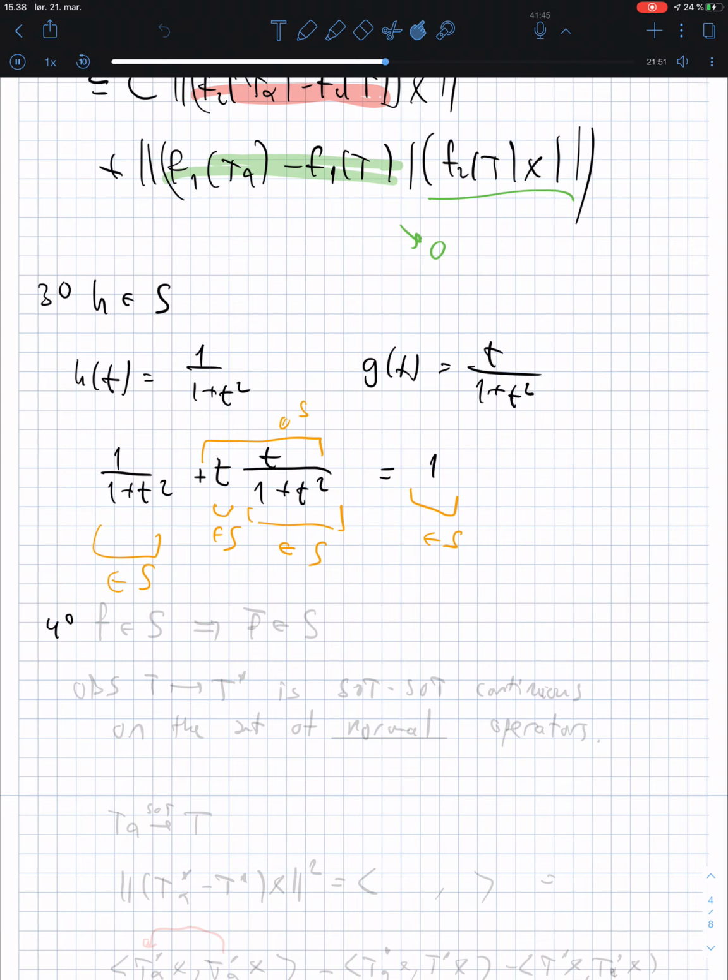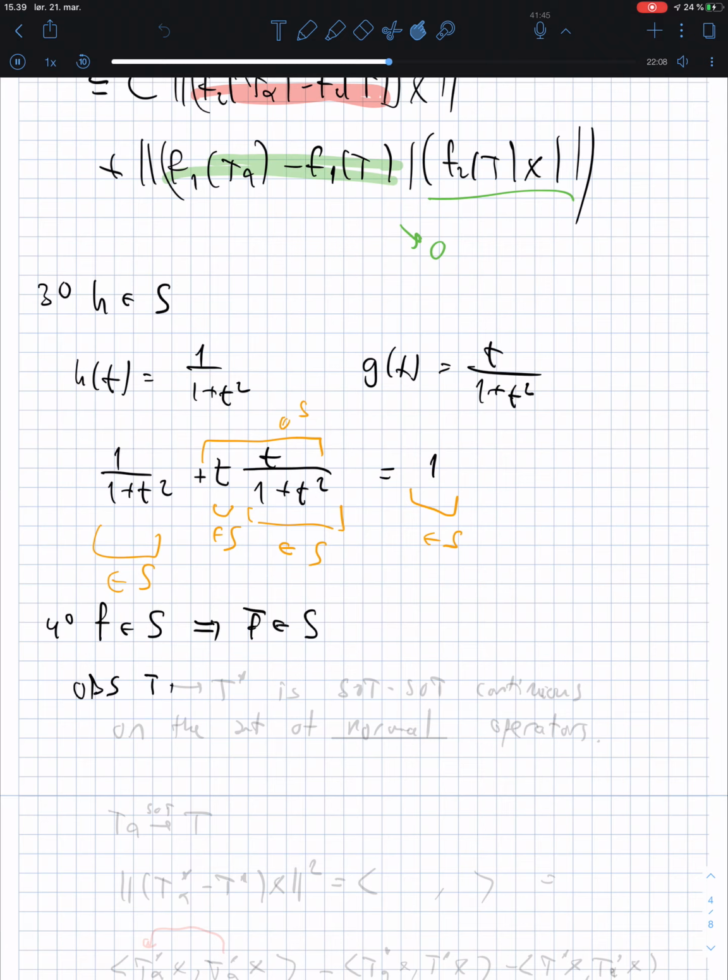So claim number 4: if I have an f that lies in S, so does the complex conjugate of f. This is really a more fundamental observation.